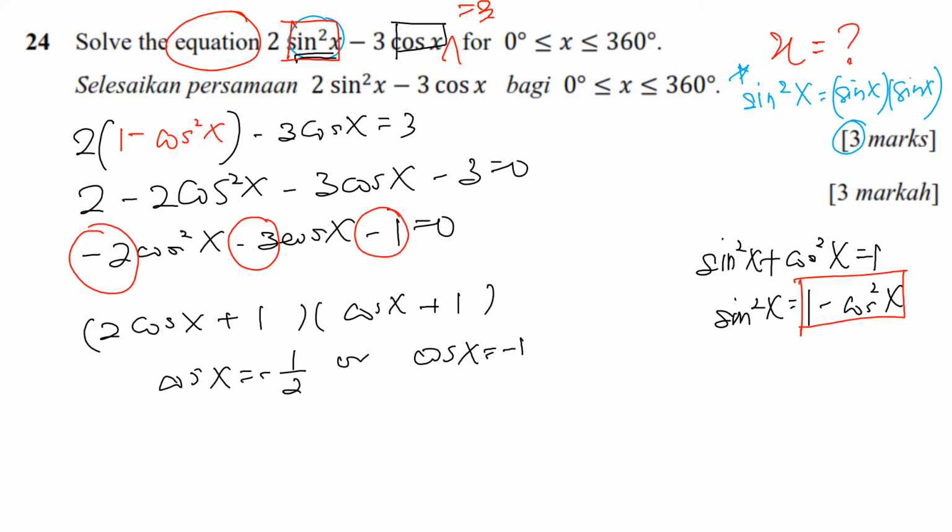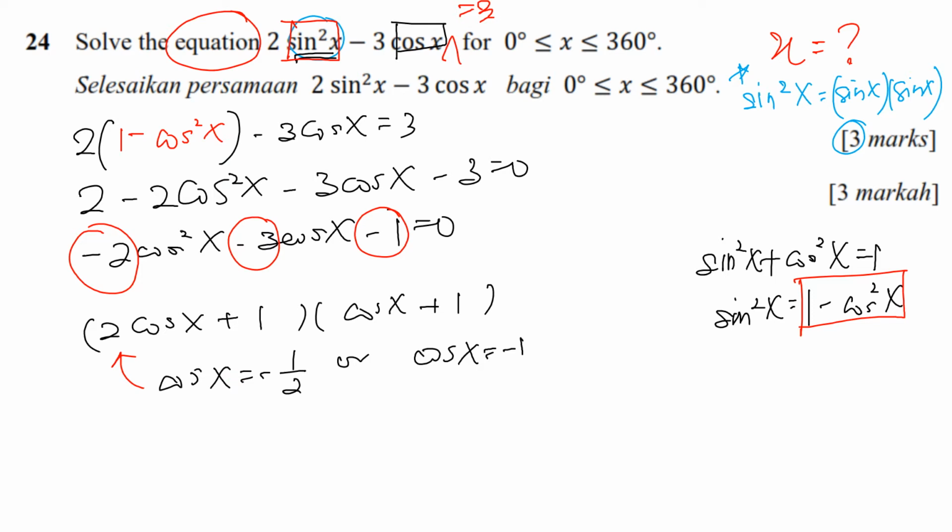So then you go backward. This is how you factorize. You cross multiply, you'll get 2 cos x equals to -1. So 2 cos x plus 1 will be your first bracket. I believe that every one of you shouldn't have any problem with this.